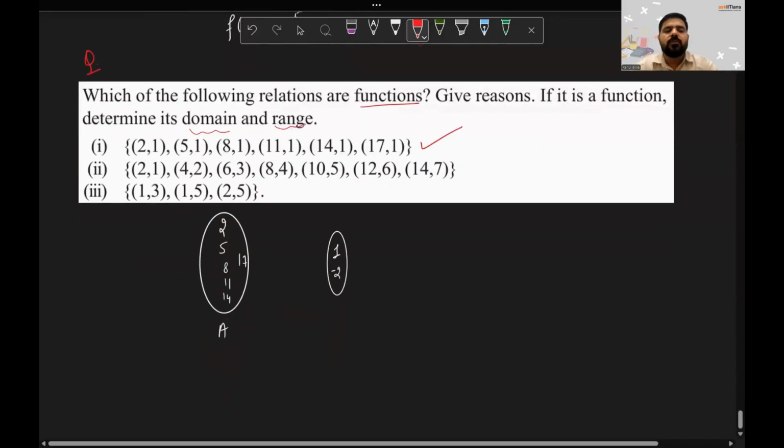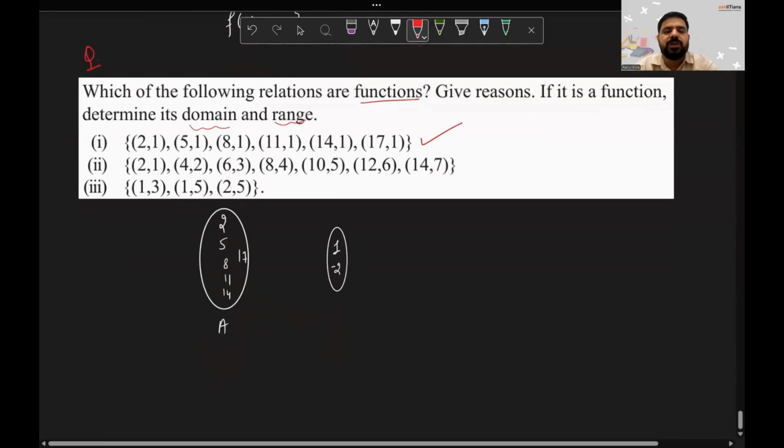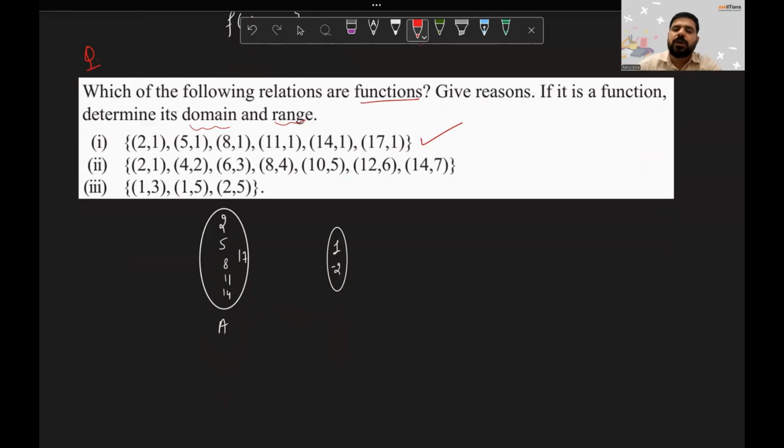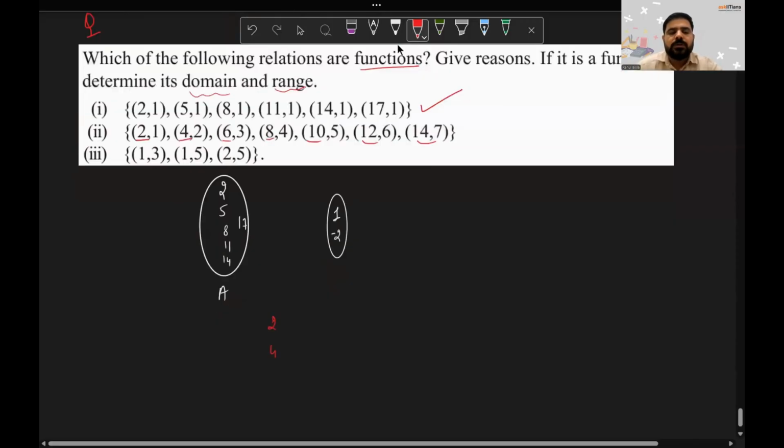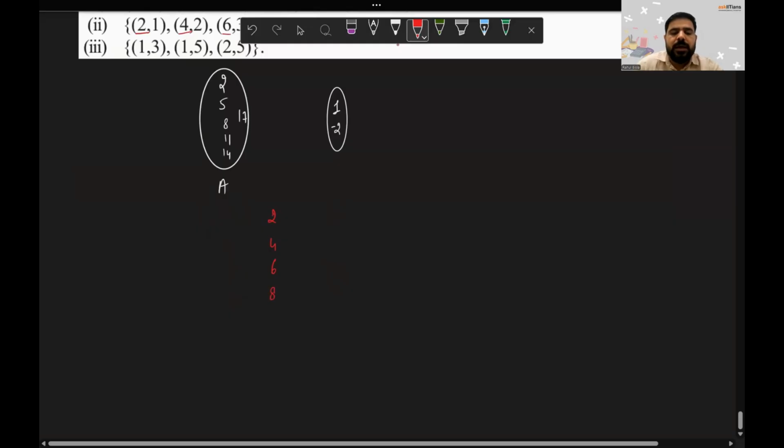Next part: (2, 1), (4, 2), (6, 3), (8, 4), (10, 5), (12, 6), (14, 7). What you have to do is look at the elements of the domain, which are not repeated: 2, 4, 6, 8, 10, 12, and 14.